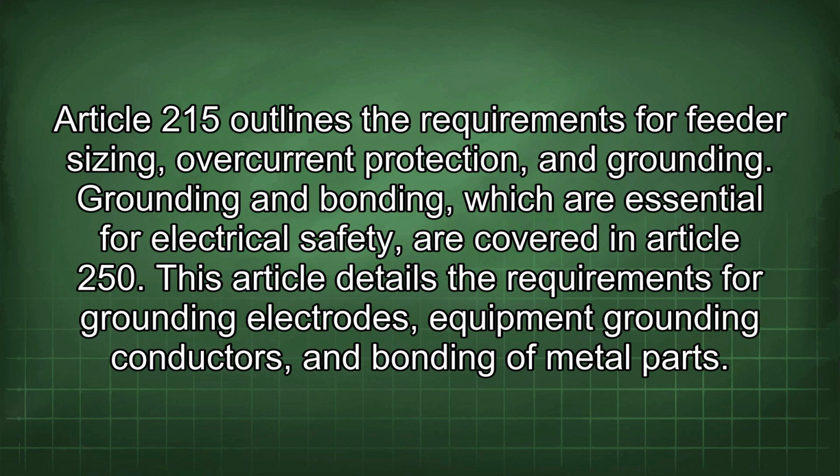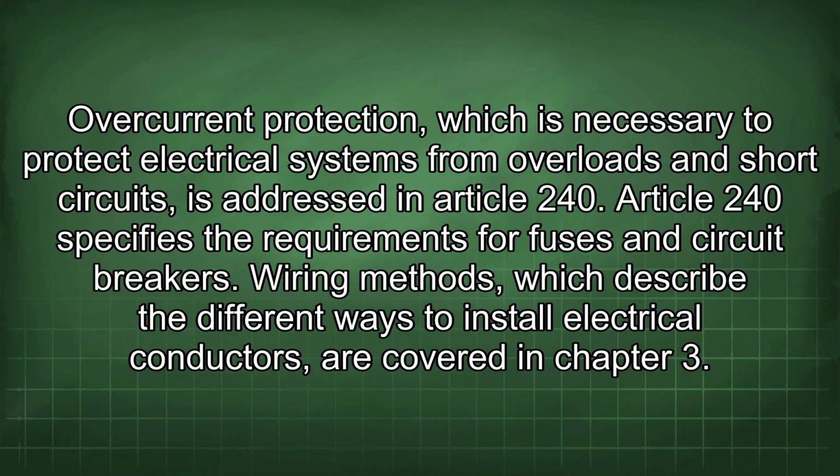This article details the requirements for grounding electrodes, equipment grounding conductors, and bonding of metal parts. Overcurrent protection, which is necessary to protect electrical systems from overloads and short circuits, is addressed in Article 240. Article 240 specifies the requirements for fuses and circuit breakers.